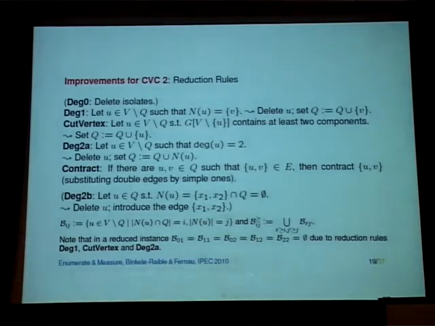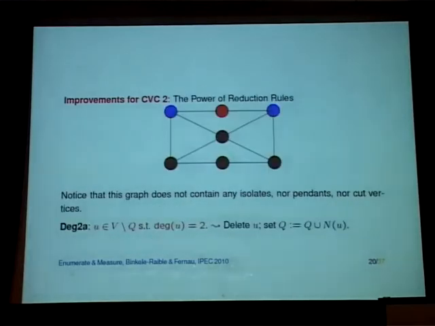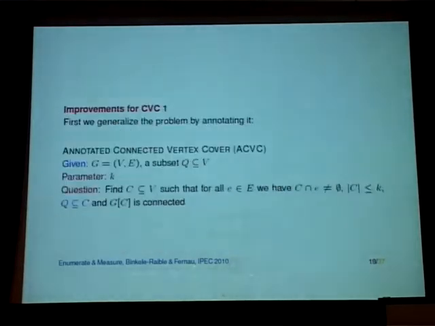We have some small degree rules, degree 0, degree 1, and degree 2 rules, some rules which do something about cut vertices, or also if you have neighboring Q vertices, so vertices where we know they should go into a connected vertex cover, we can merge them. So that's the contract rule. Best explained, I think, by our little example.